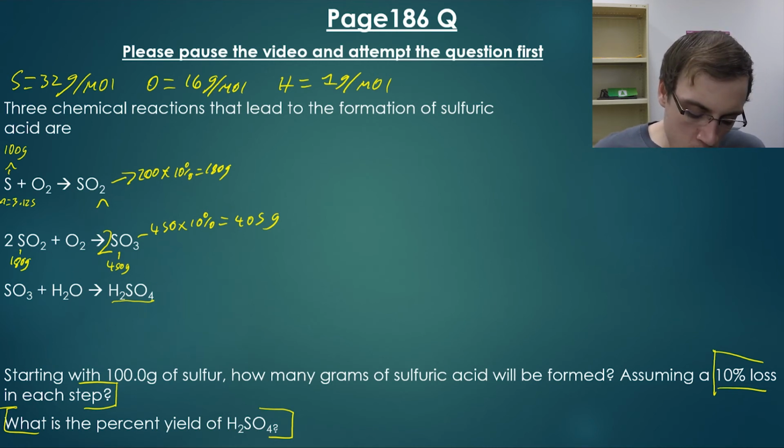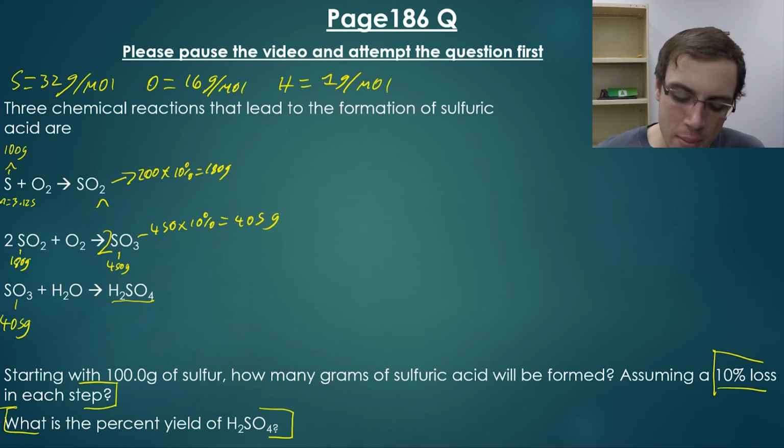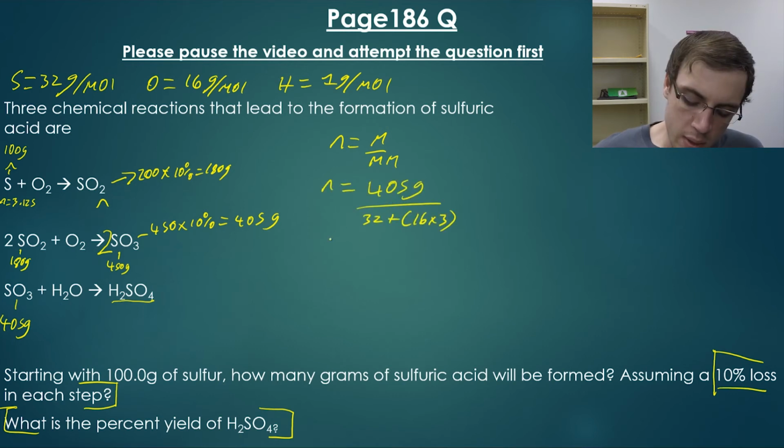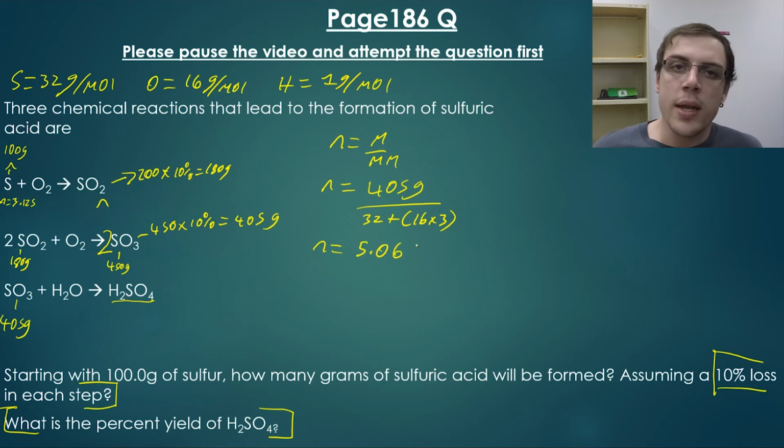So we know that we have 405 grams of SO3, and now we can move on to our final step of finding out how much sulfuric acid we have. So 405 grams, what we're going to do is we're going to go moles is equal to mass over molar mass, which means we're going to have a total molar concentration of 5.06. Now again, we need to pay attention to our coefficient.